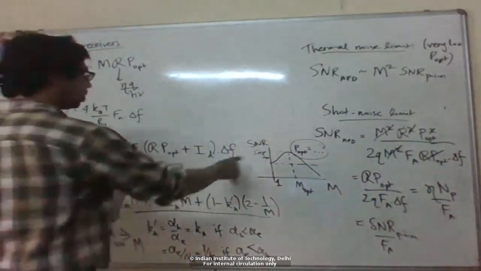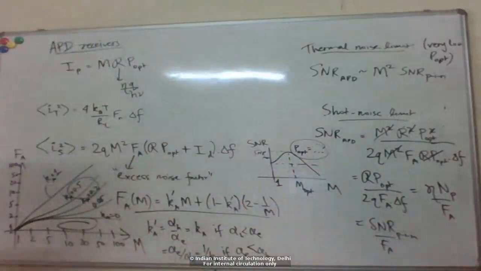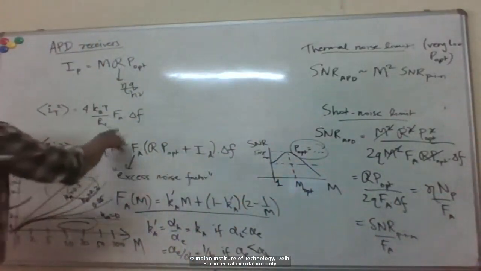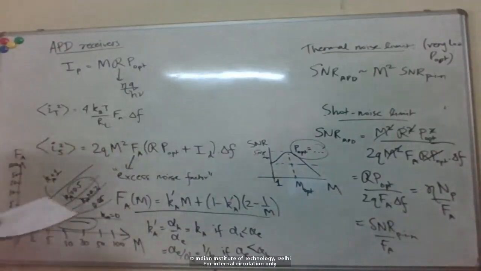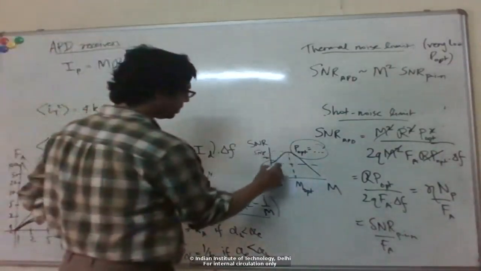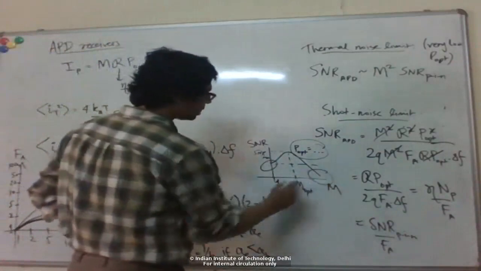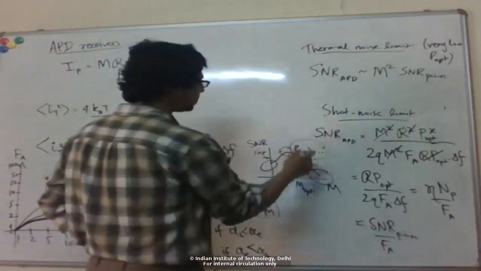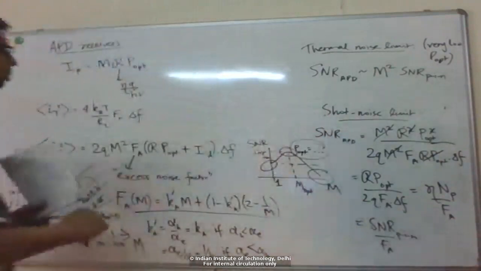Okay, so we can calculate what this SNR is from this expression for SNR we have, right? So we take the whole expression now. So here you are in the thermal noise limit, here you are in the shot noise limit. For this optimum gain case, you will be somewhere where both noises are sort of equally important.